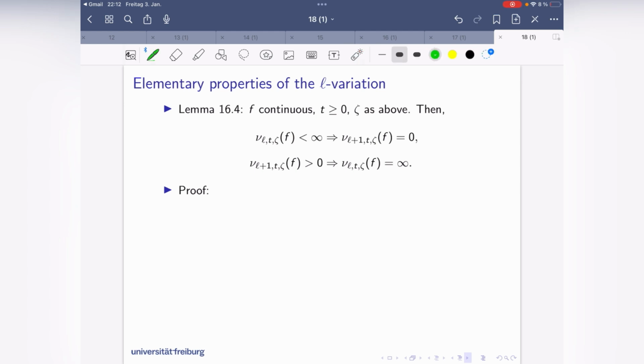So let's try to prove the first thing. So if the L variation is finite, then we have that the L plus 1 variation is 0. So the L plus 1 variation, we have to argue it's 0.